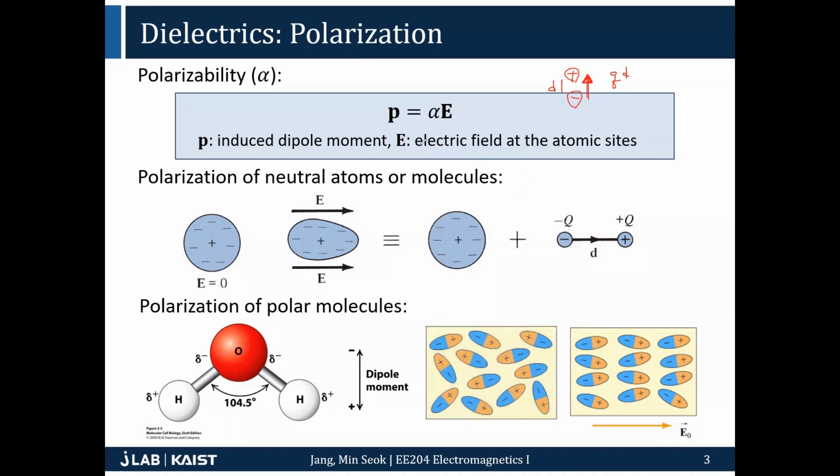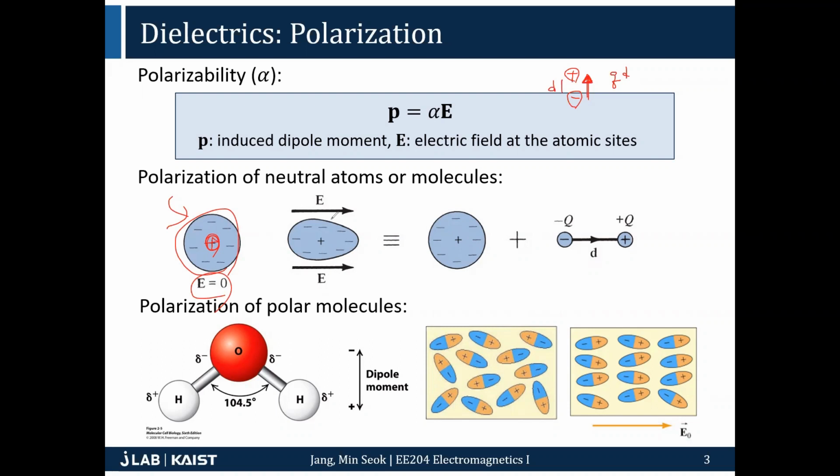And what this tells you is this situation. Imagine you have an atom. Atom has a nucleus and an electron cloud. When there's no electric field, the center of the nucleus and the center of the electron cloud coincide. So there's no dipole moment at all.